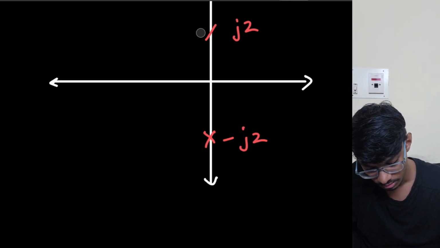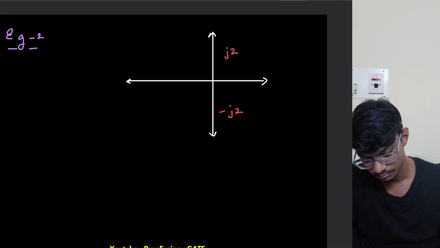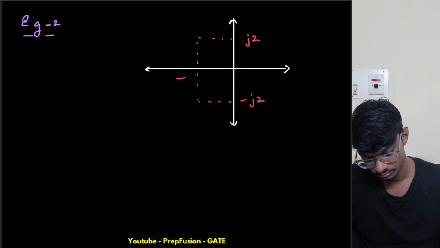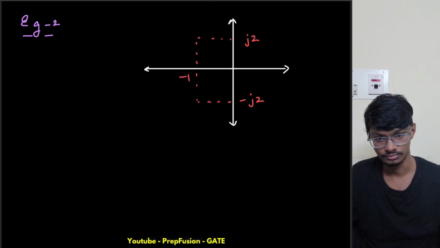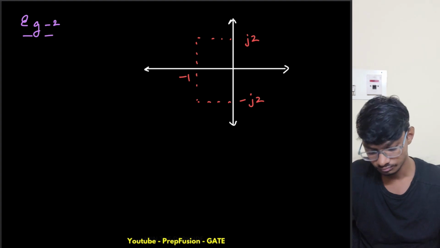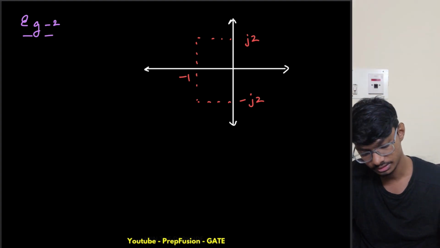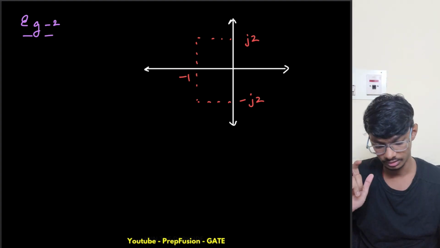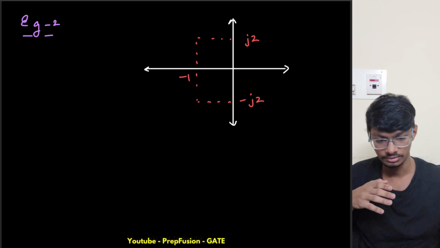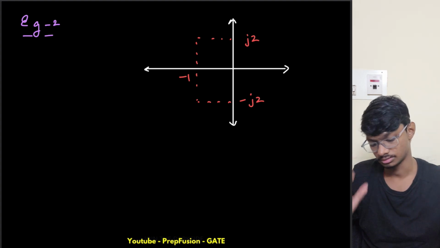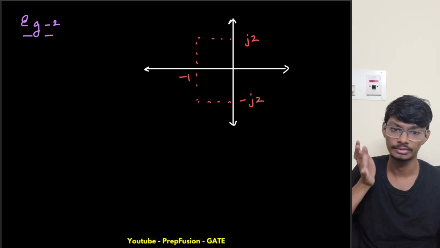This is minus 1, right? So what is the frequency of oscillation for this? It is 2 only, and the real component is minus 1. If you solve this, there will be some function of x that will be the exponential part, and another will be the oscillative part.